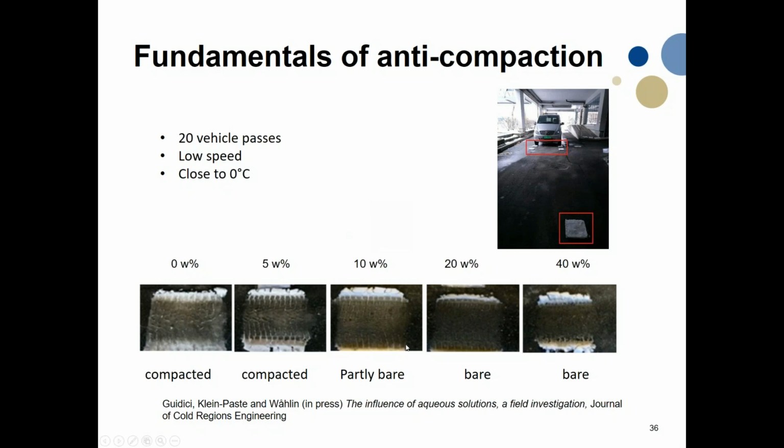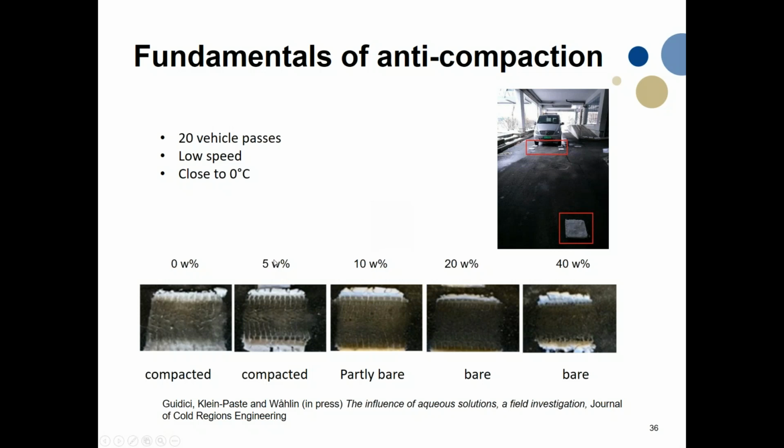And in those cases, we basically found that 10 weight% starts to be enough to get your pavement already partially bare if only 20 vehicles pass over this. So this is typically on a high traffic road, it's very quickly done. So you don't need much, and if you use a scraping blade, 5% is even enough to weaken the snow sufficiently, so a snow plow can remove this.